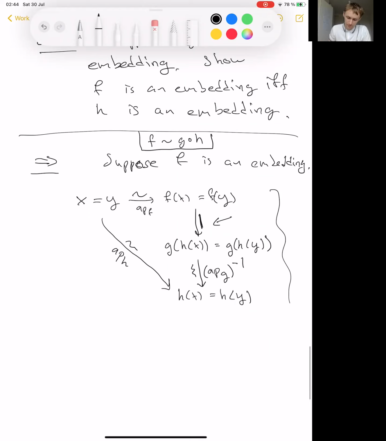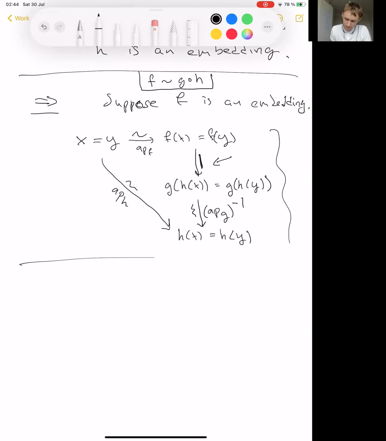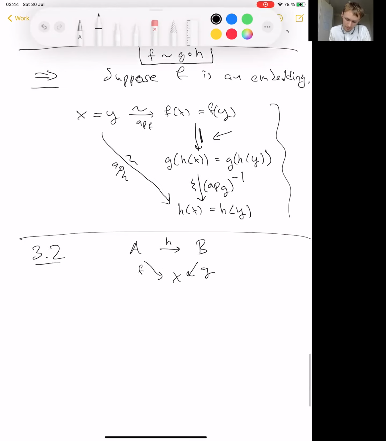Okay, cool. And now we have 3.2, and we have the same diagram, and it's going to be a very similar question, but you have to apply a different proof actually. So we still have this, and now we will suppose that H is an embedding.